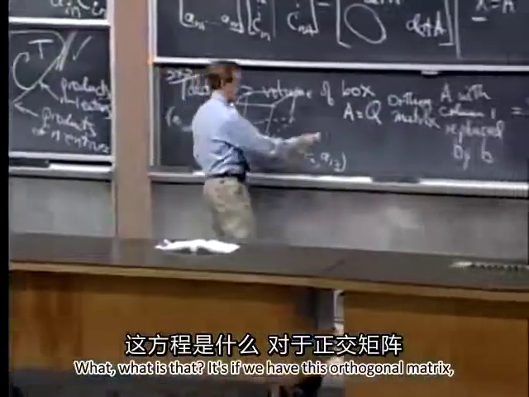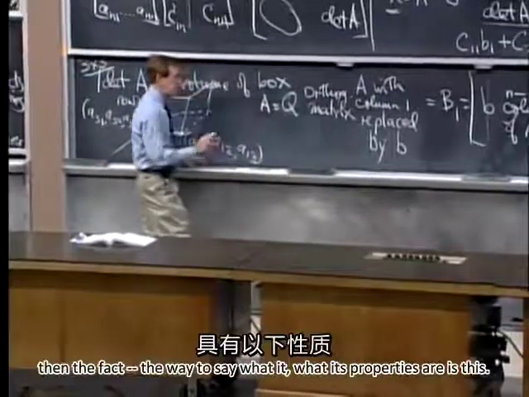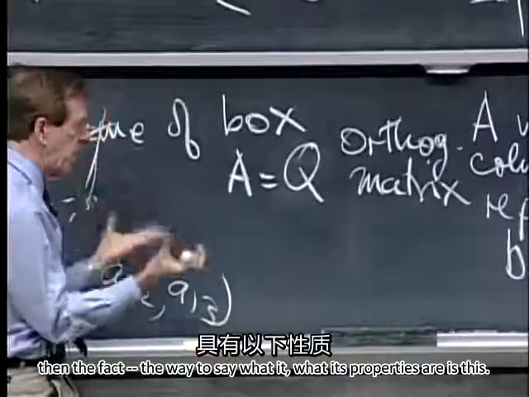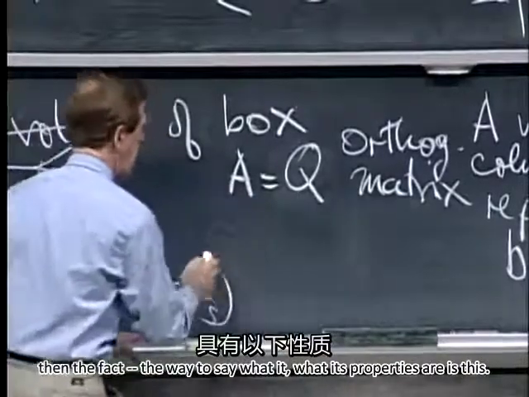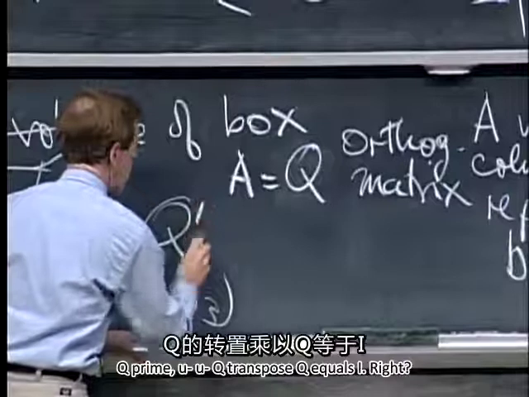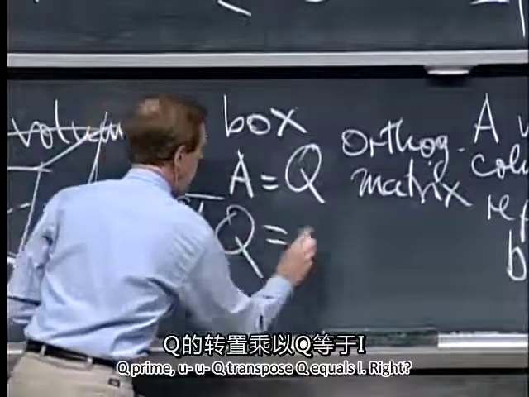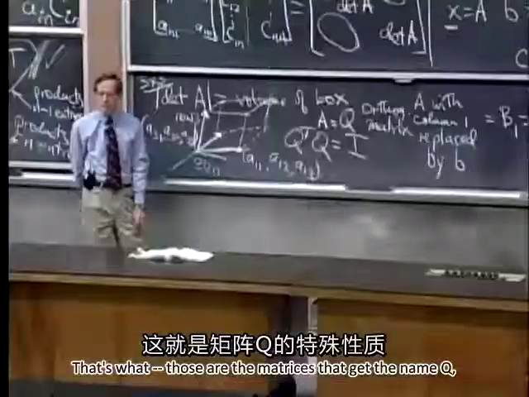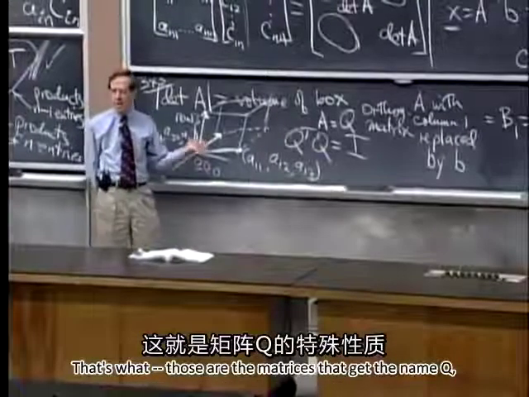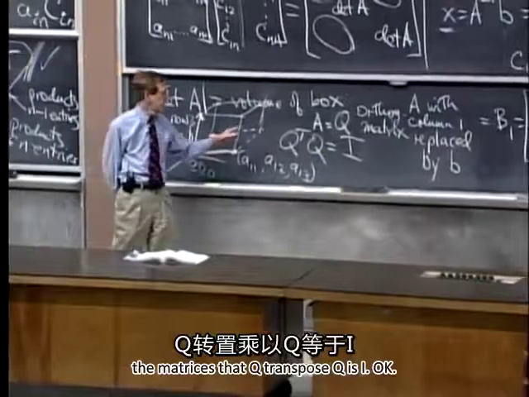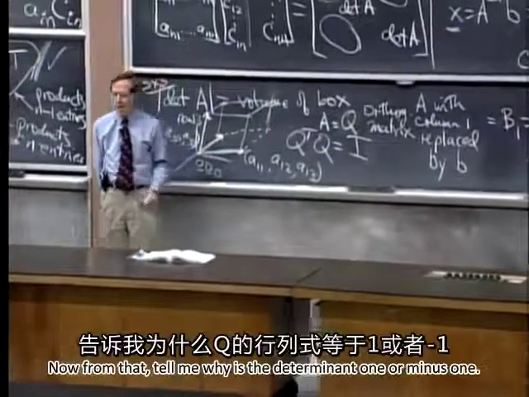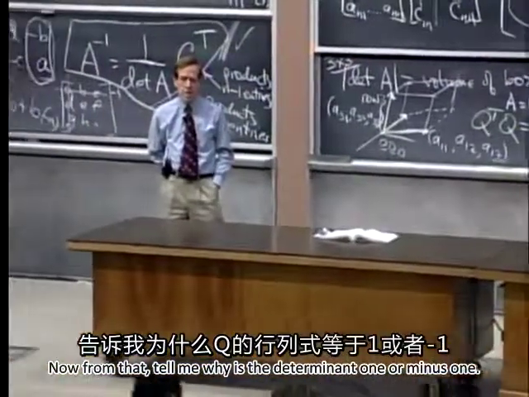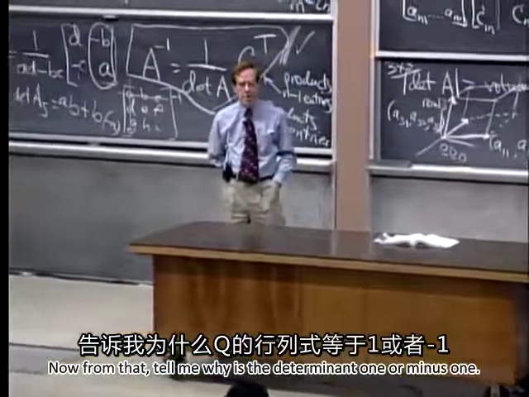If we have this orthogonal matrix, then the way to say what its properties are is this: Q transpose Q equals I, right? Those are the matrices that get the name Q. The matrices where Q transpose Q is I. Okay, now from that, tell me, why is the determinant 1 or minus 1?